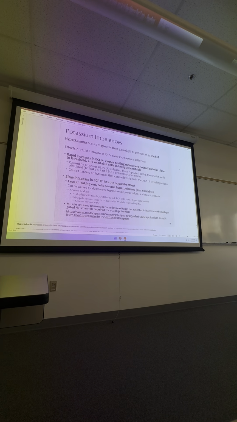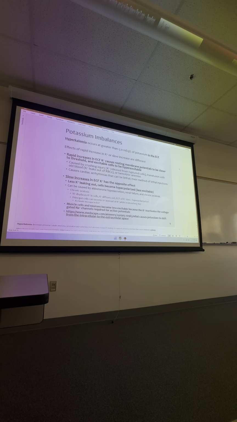Good. The opposite is hyperkalemia. That means that we have a rush, or a steady drip, drip, drip of potassium leaving the cells. So when we have a crushing accident, where we have a rapid efflux, a rapid deposition of potassium into the extracellular fluid space, we have a problem. We have a problem with cells that are now hyper-excitable.